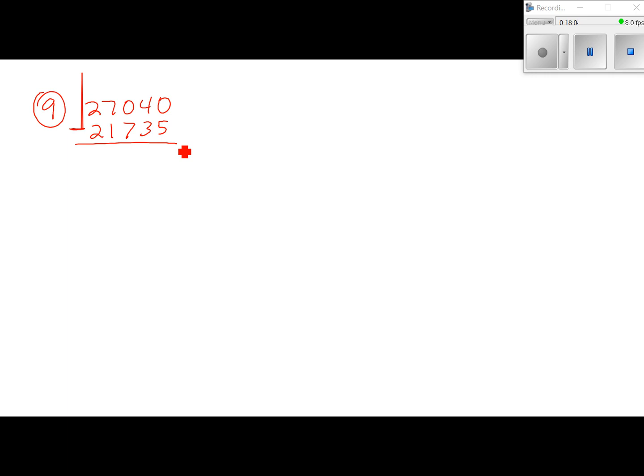So 27,040 minus 21,735 is $5,305. So that's how much extra he paid. That's the money that we want to make back by buying the hybrid and saving in gas.